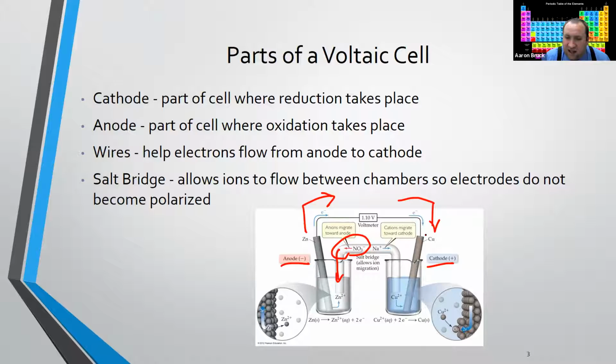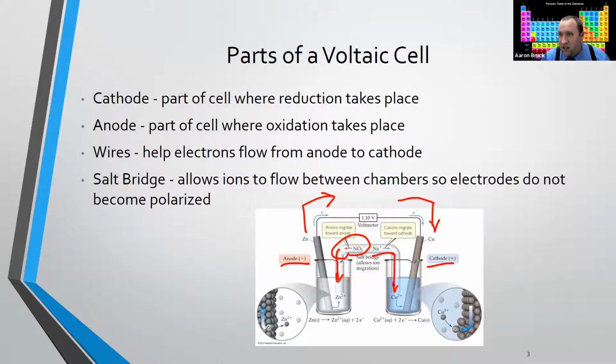And on this side, I've got a lot of copper 2+ that's turning into copper. So this side's getting more and more negative. Sodium ions come in and replace the copper ions to keep the charge consistency the same inside of that copper cell. So all 4 components are necessary.